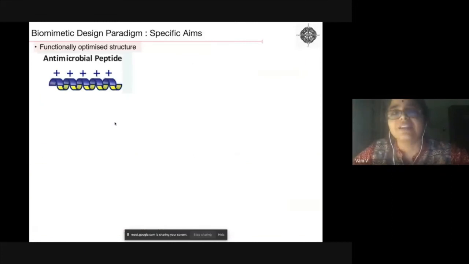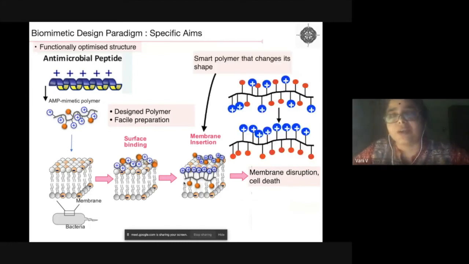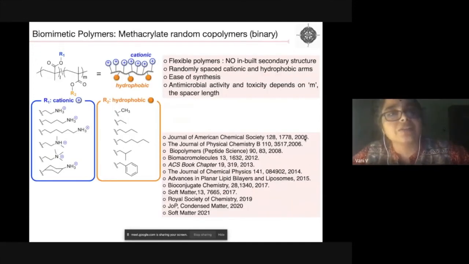So that is the goal: I take this peptide, I design a polymer, then it goes and attacks the membrane, but it eventually takes this shape. Basically, I want to design a polymer that is random in shape, but when it is interacting with the bacteria, I want it to acquire this shape. So how do you put this smartness into this polymer so that it recognizes this? That's the question that I'm trying to ask.